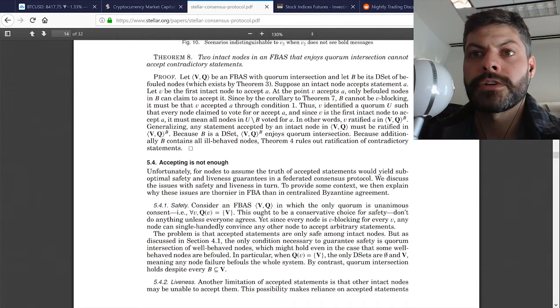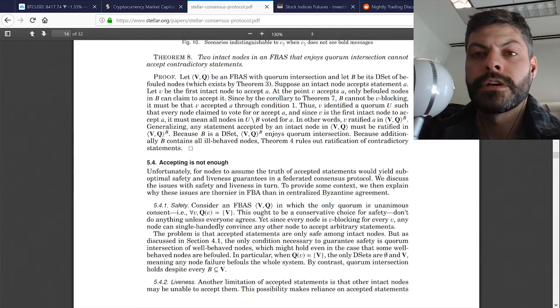Yet, since every node is v-blocking for every v, any node can single-handedly convince any other node to accept arbitrary statements. The problem is that accepted statements are only safe among intact nodes, but, as discussed in section 4.1, the only condition necessary to guarantee safety is quorum intersection of well-behaved nodes, which might hold even in the case that some well-behaved nodes are befouled.